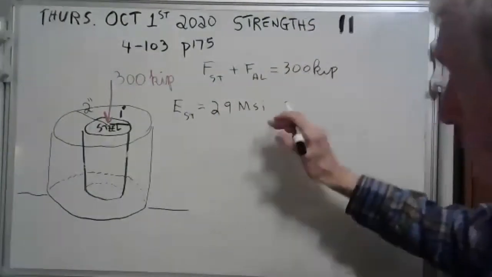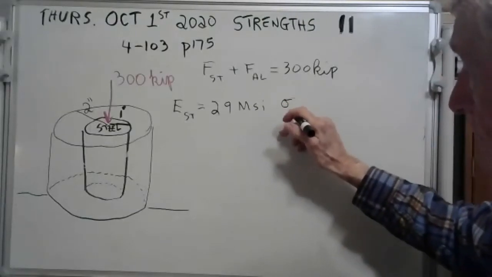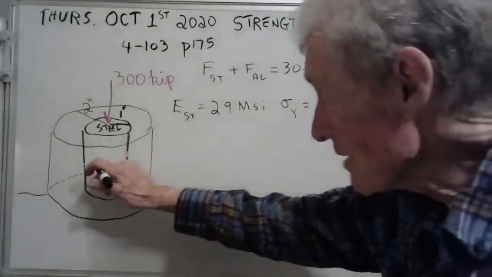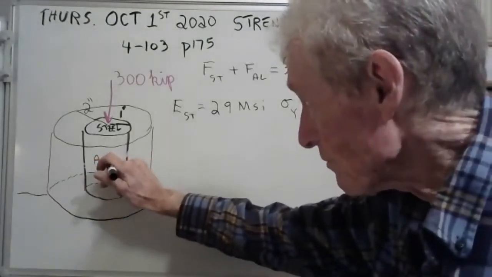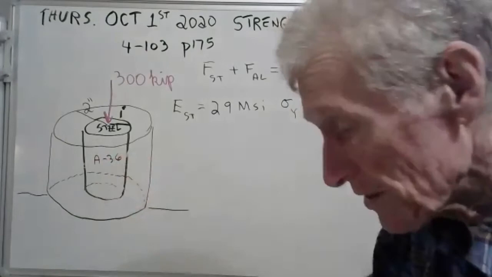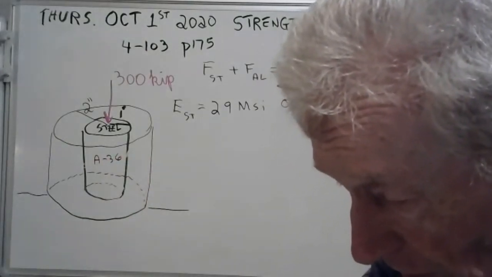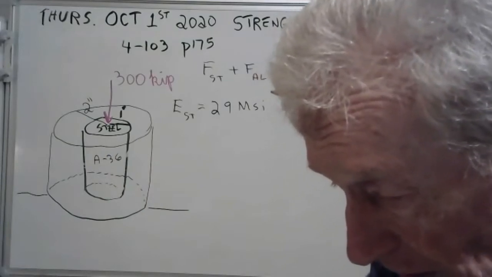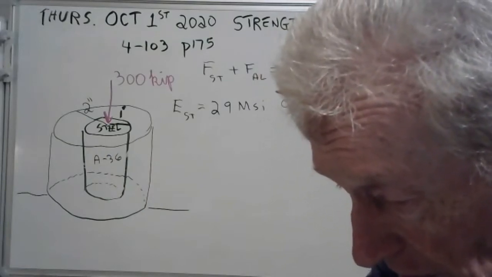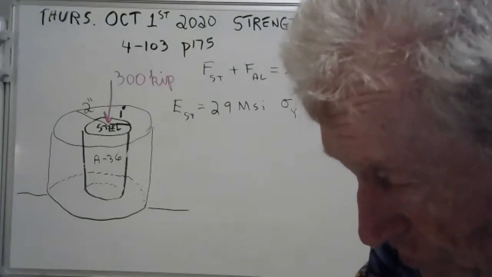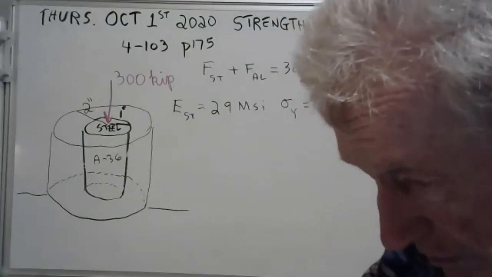Now while we're at it, let's write the yield strength. This is A36 steel, that's the name of it. It's structural steel. It's the alloy that has the biggest modulus of toughness. That's what you want to build your bridges out of.